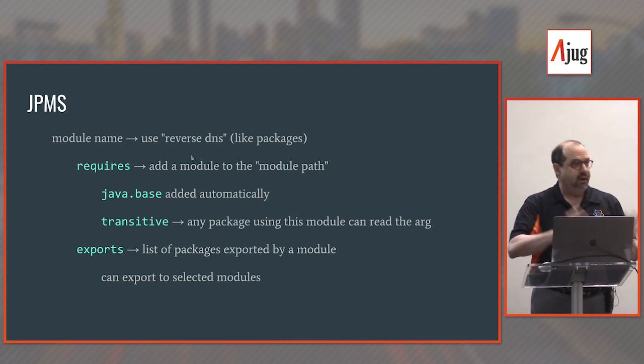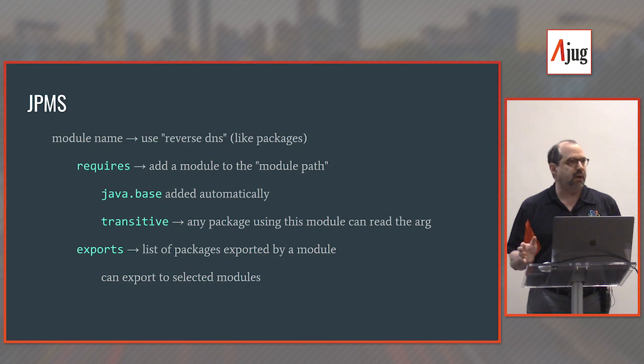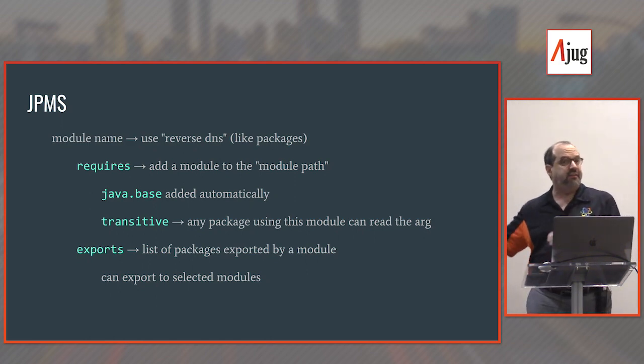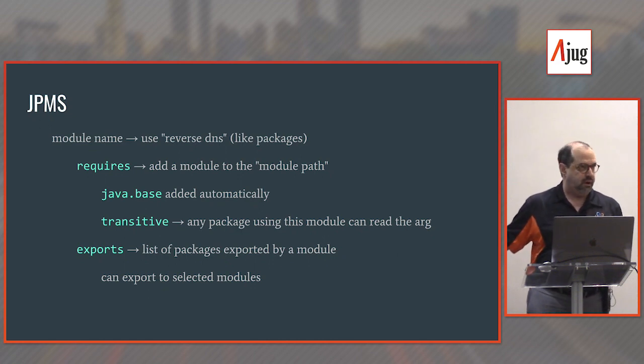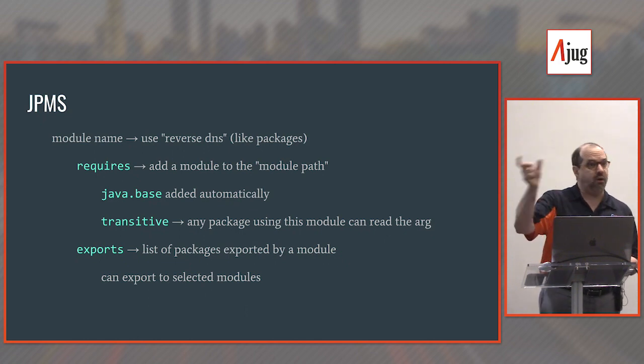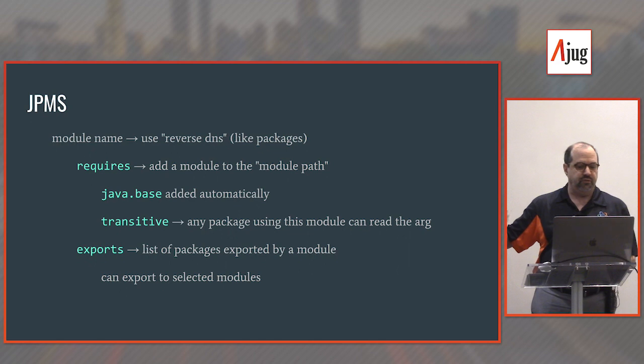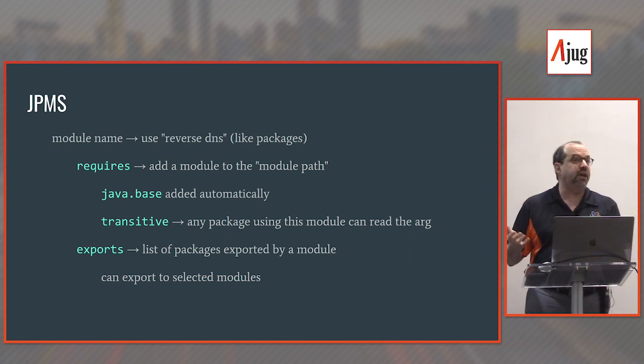Well, that's the good side. The downside is they have changed what the words public and private mean. I mean, it's that fundamental a change to Java. If you are trying to access a public class that's in a different module, you can't see it unless they export it. Unless that module says exports and your module says requires, you can't use it. Now there are some intermediate versions like opens, which allows you to do reflection.